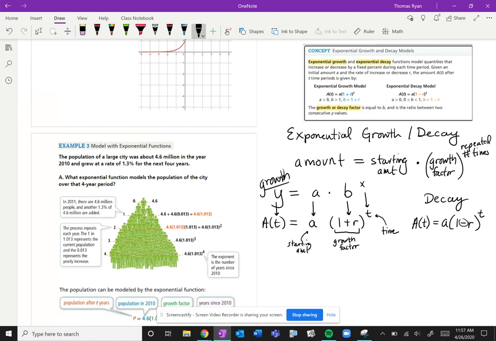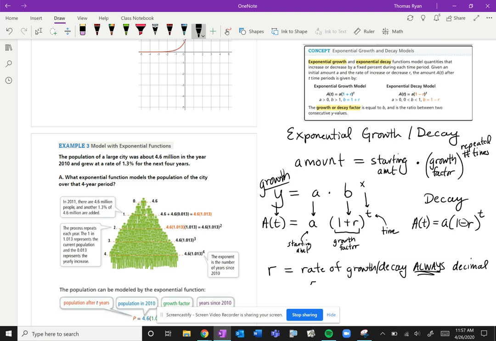And the last thing I want to say is that r, which equals our rate of growth or decay, always needs to be a decimal. So most of the time, you guys are going to get it as a percentage, but it always, always, always needs to be in a decimal.